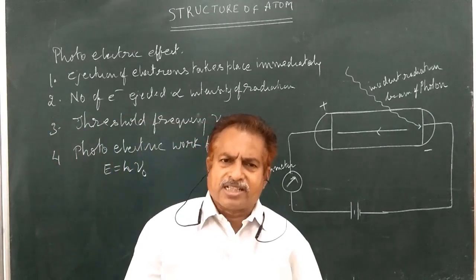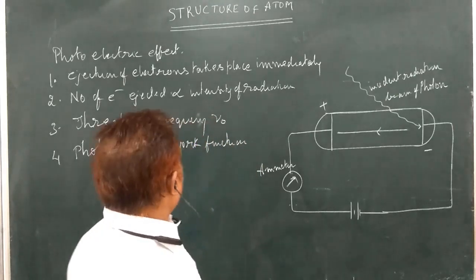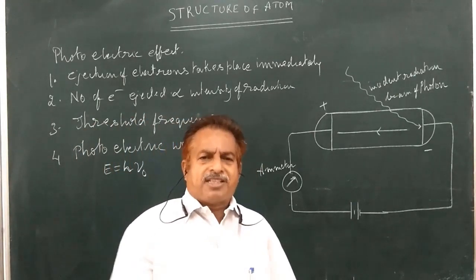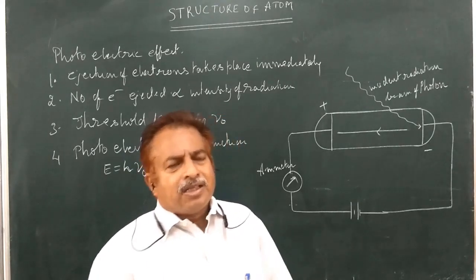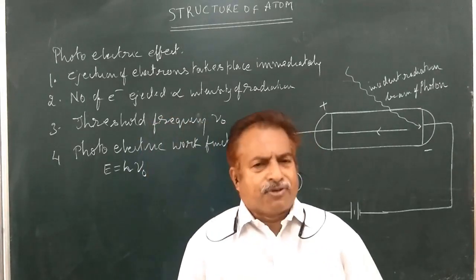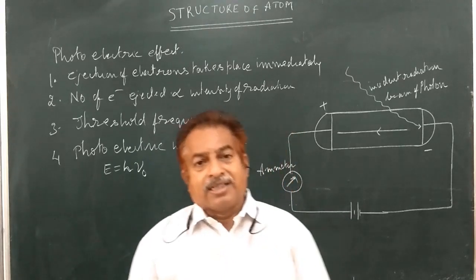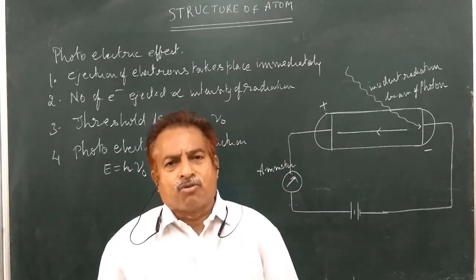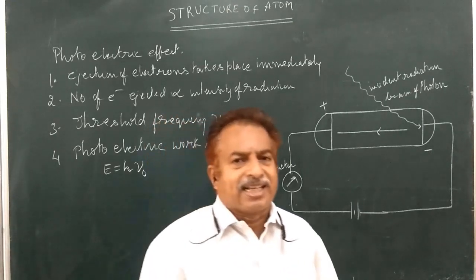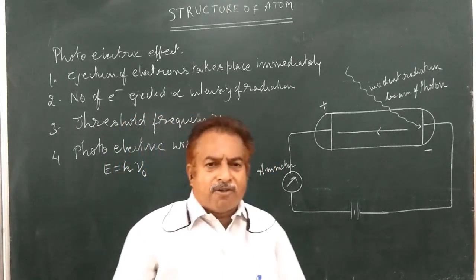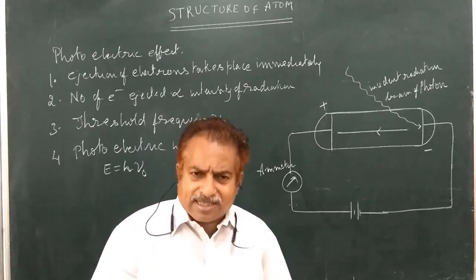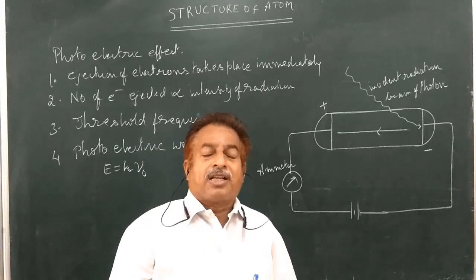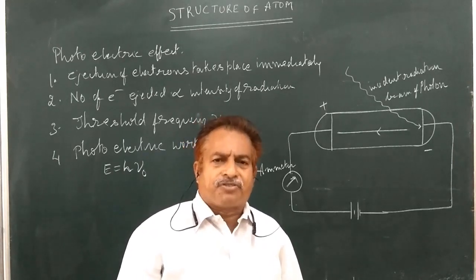Suppose the photon has more energy than the photoelectric work function, then what will happen? With this amount of energy, the electron ejects, that is, the photoelectric effect takes place, and the leftover energy is given to the electron, therefore the electron goes with a certain kinetic energy. That means the excess energy over and above the photoelectric work function converts into kinetic energy of the electron.